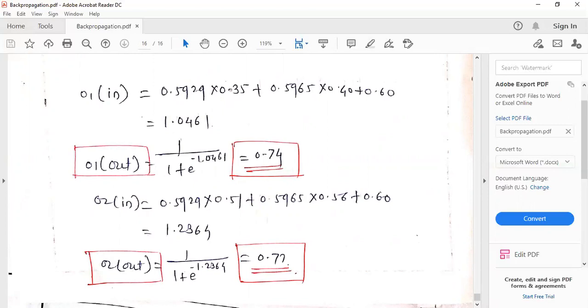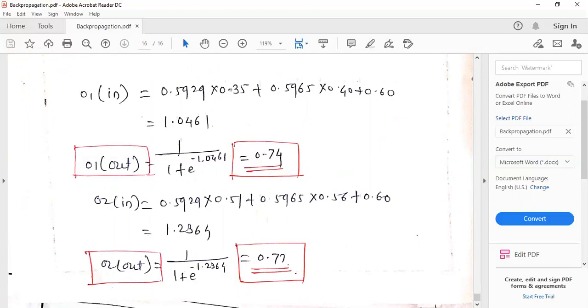So what it means is that, by some amount, we have reduced the weights of every input coming from one node to another node. Now you have to do these steps again and again until you get output values like 0.01 and 0.99.